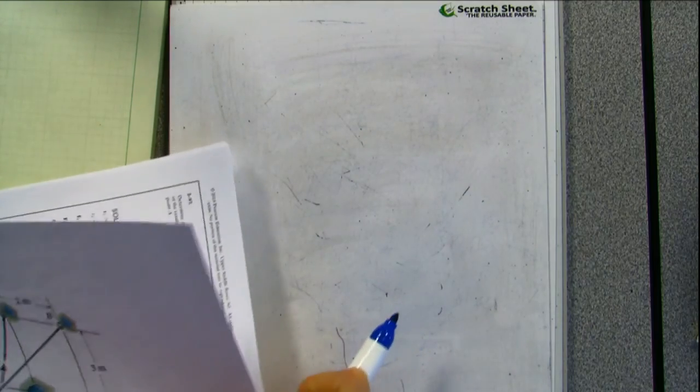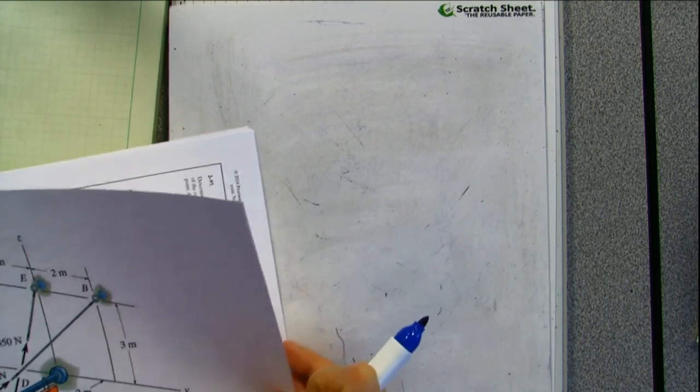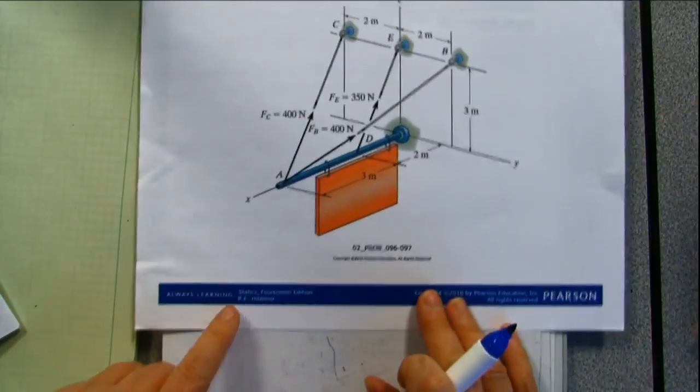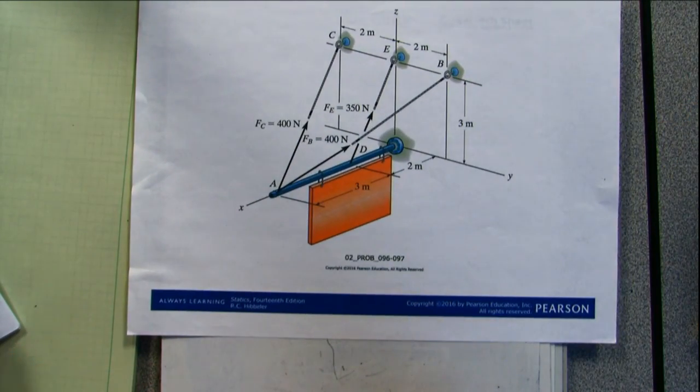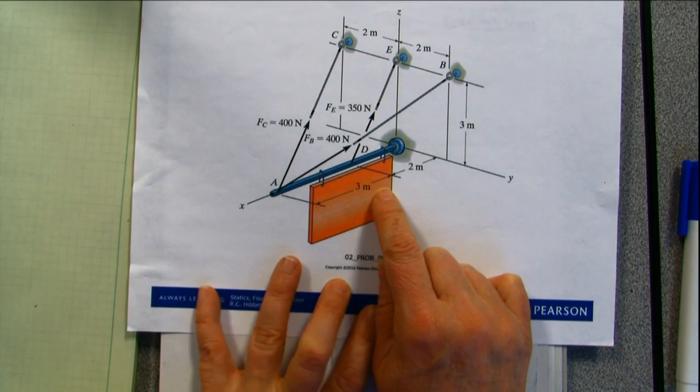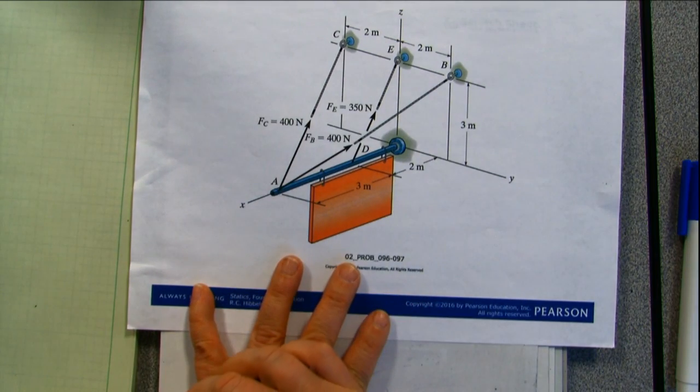So here's a problem. I got a sign. So there's my sign. That's why it's going to give you a variety of these little pieces.